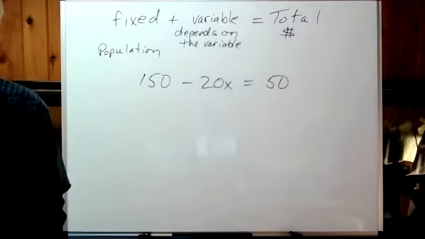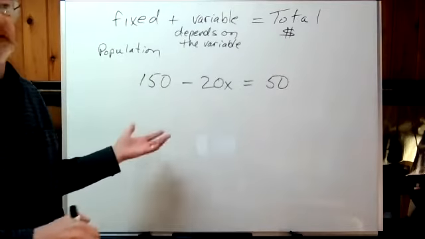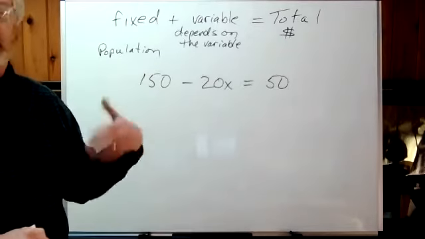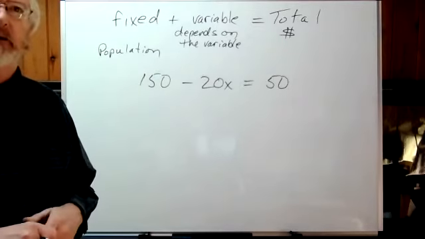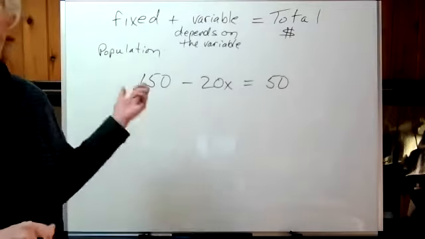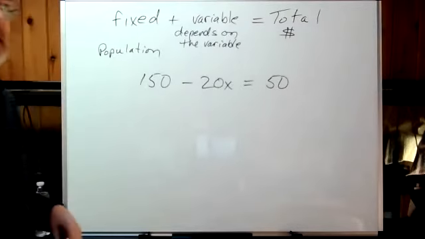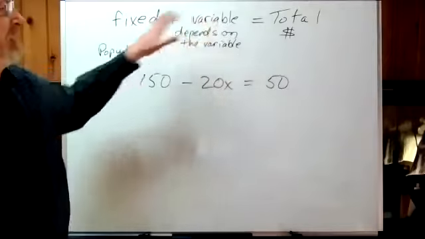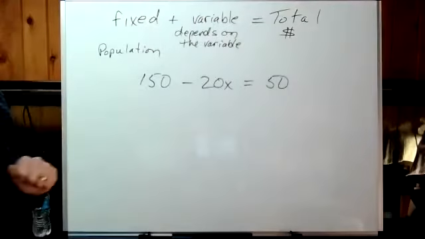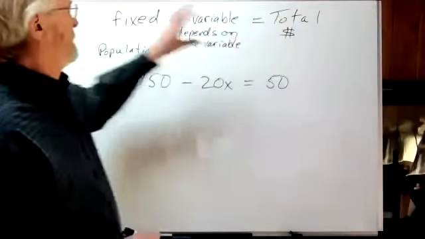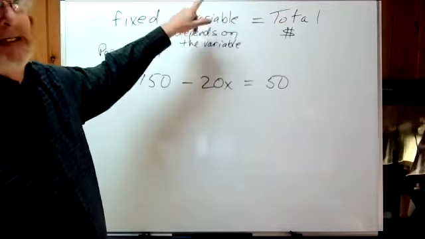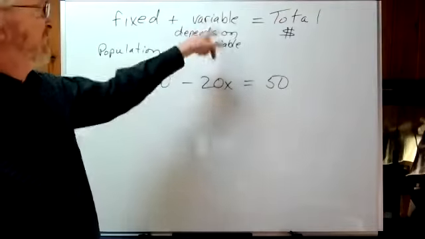And as you work through your homework for this section, 3.1, I think questions 5, 6, 7 are this kind of setup. They're going to somehow give you a total, a fixed amount, and then it changes. And that's where you're going to put your variable.